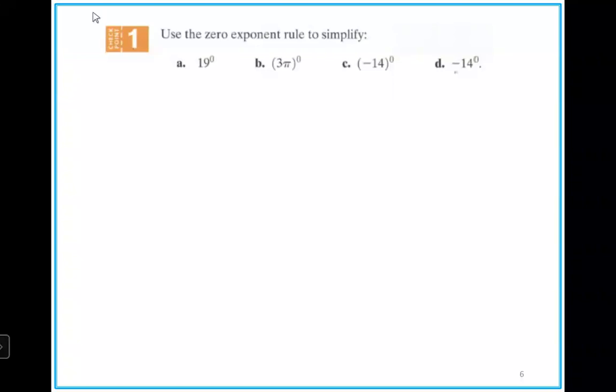Miss Pratt, what do you have for number 1, A? For A, I have 1. Okay. Miss Nairn, B? For B, I have 1. Okay. Miss Fernanda, what do you have for C?